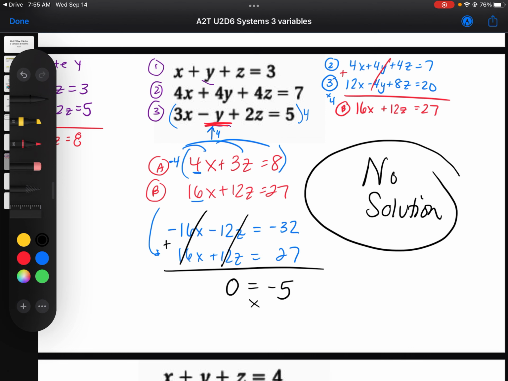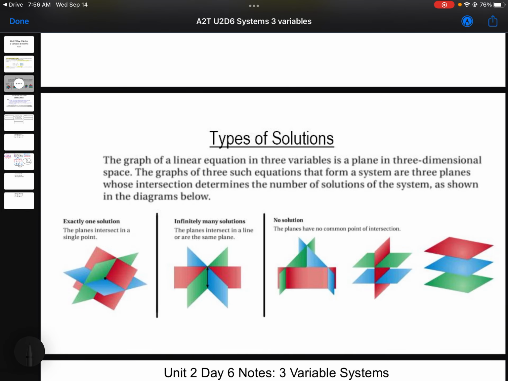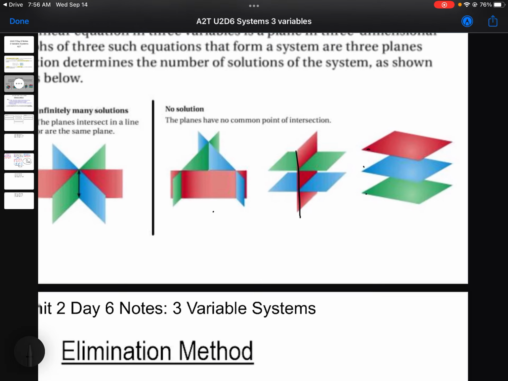This is one of those special cases, giving you a visual. It could be any one of these 3. 3 planes don't intersect all at the same point. 2 planes are parallel and one we have a transversal plane, or we have 3 parallel planes. It's one of those situations. We don't really care which one of those situations, we just know it falls under that category.